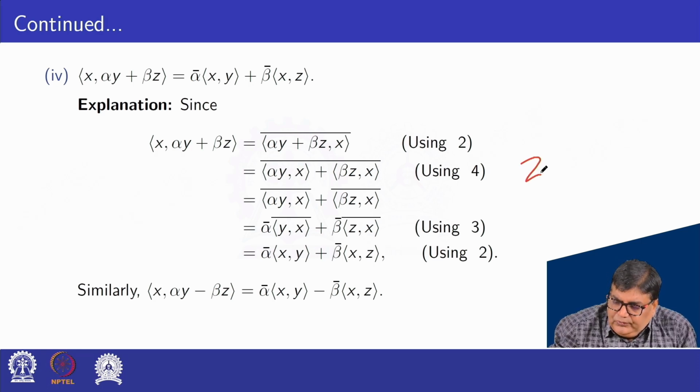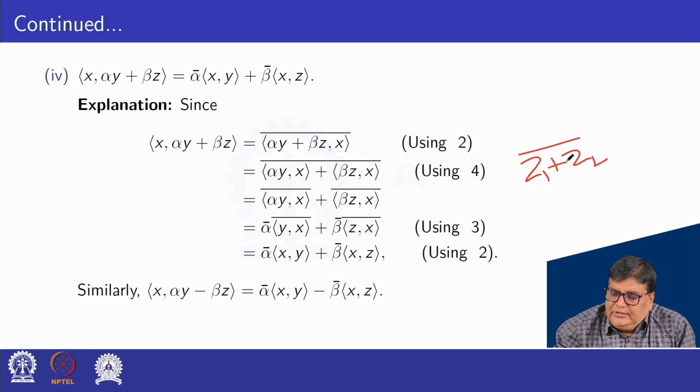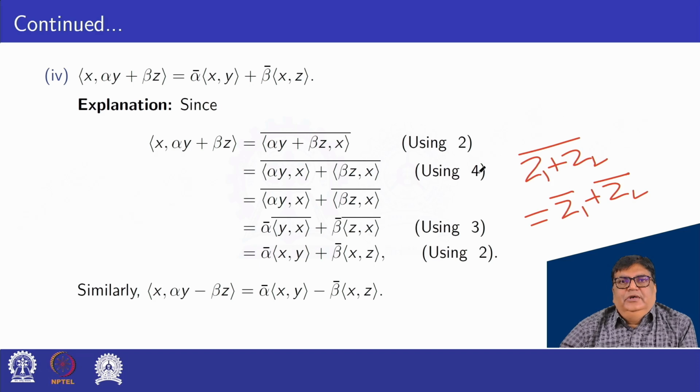So we can write the conjugate of z1 plus z2 is equal to z1 bar plus z2 bar. Using this property, this can be written as this.